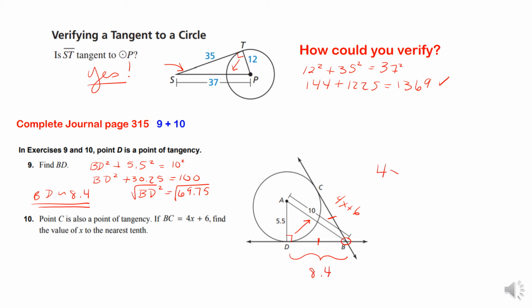So we're going to go 4x plus 6 equals 8.4. 4x equals 2.4. So x equals 0.6. Okay? And then you could double check it. This would be 2.4 plus 6, which is 8.4, and it works.